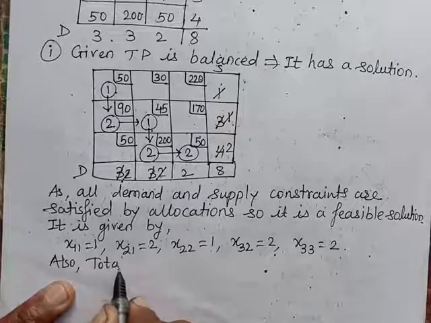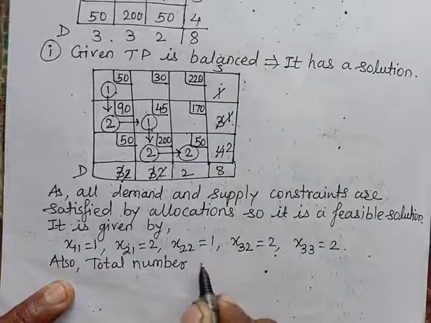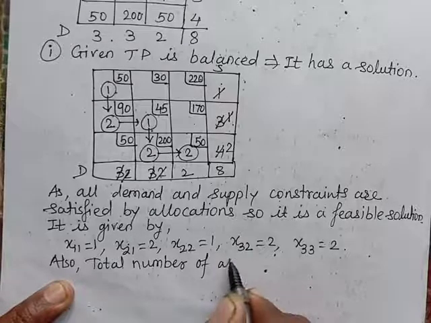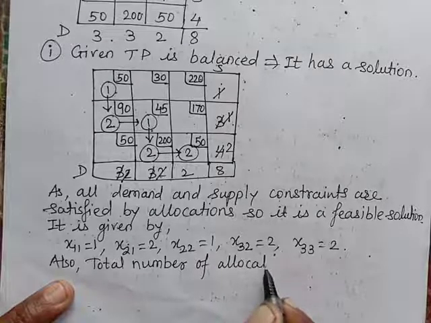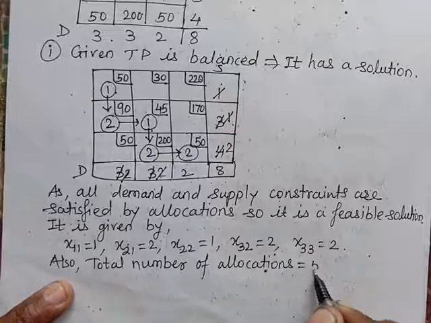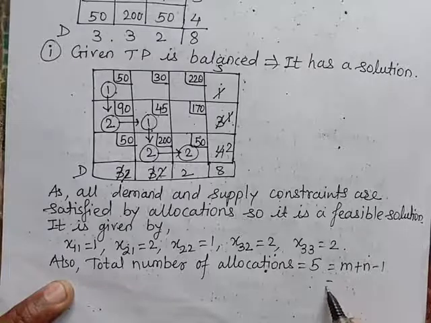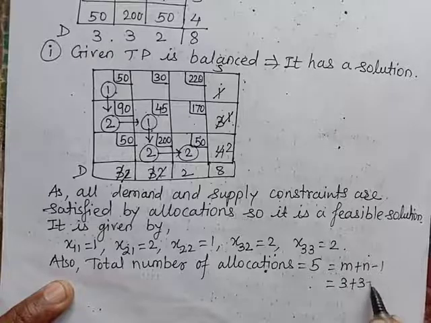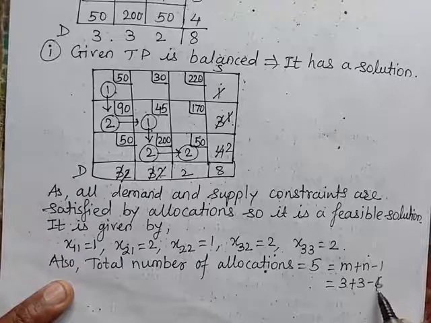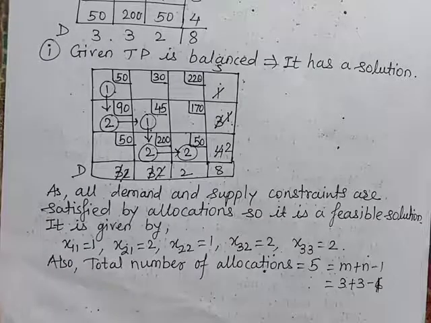Okay. Also, total number of allocations equal to 5, that is equal to m plus n minus 1. It is 3 plus 3 minus 1, that is also 5.